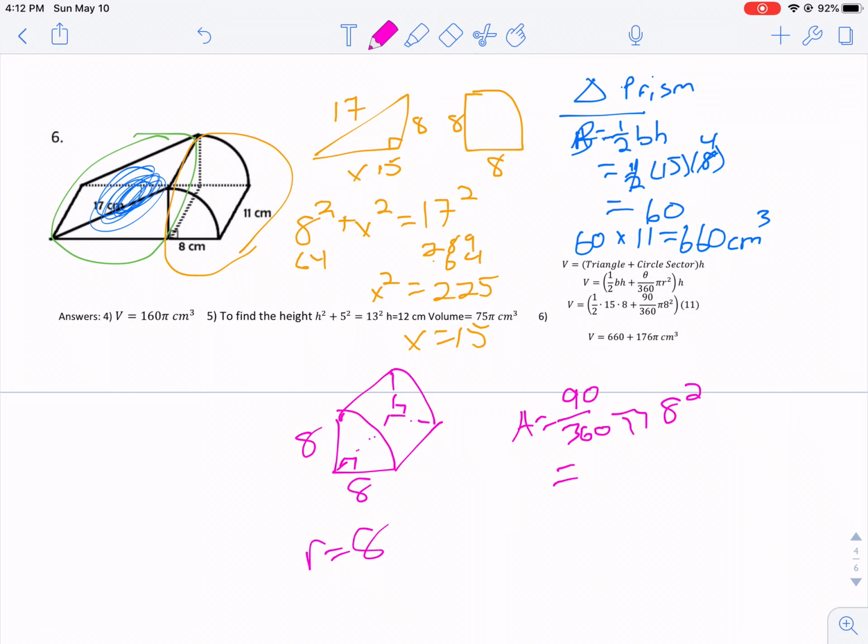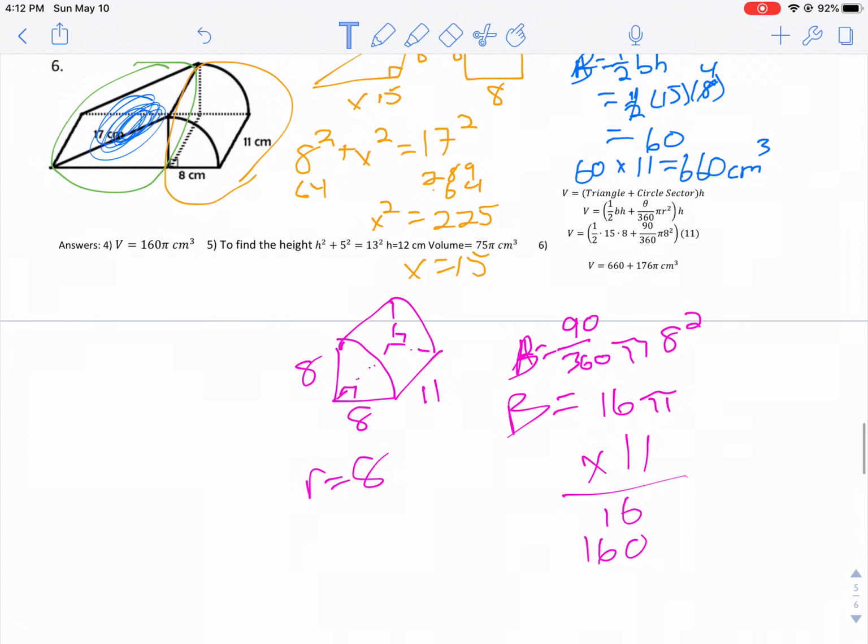When we multiply all that out, we're going to end up getting 16 times pi, and that's the base area of that cylinder. Then the height of that fractional cylinder is 11, so times 11. That gives me 16 times 11, which is 176. I'm just going to tack on the pi at the end. So we get 176 pi centimeters cubed.